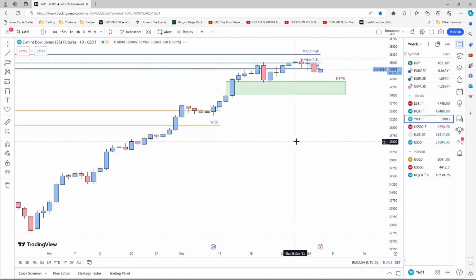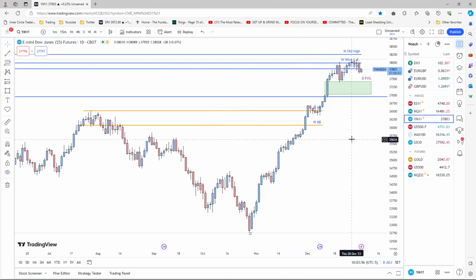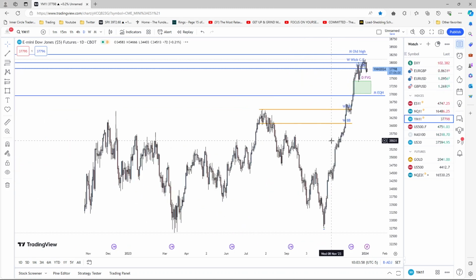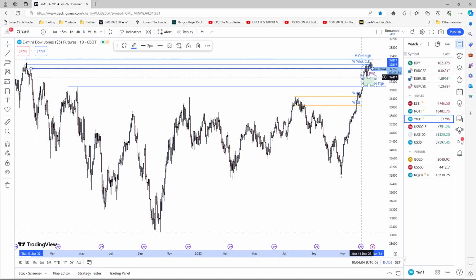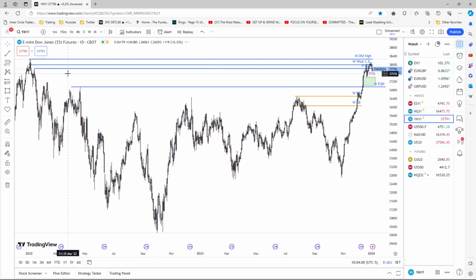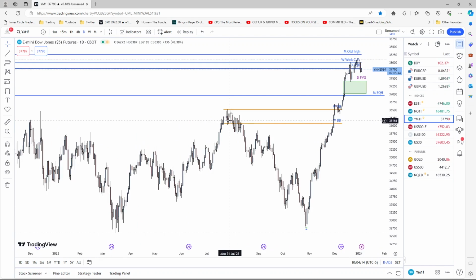Looking at the Dow, lastly, I had some daily old highs over there. We had a monthly all high. We have a weekly wick consequent encroachment.